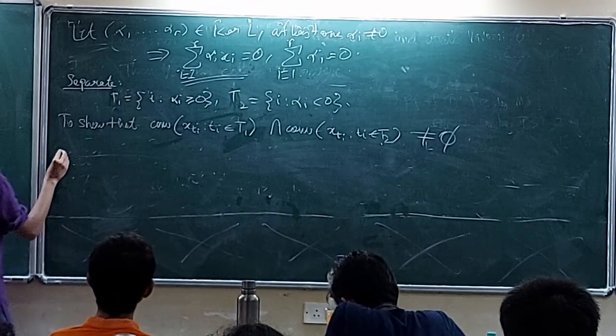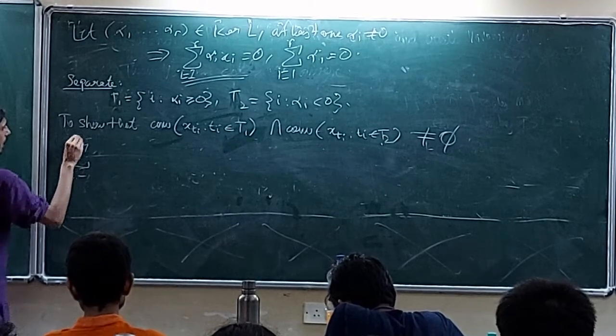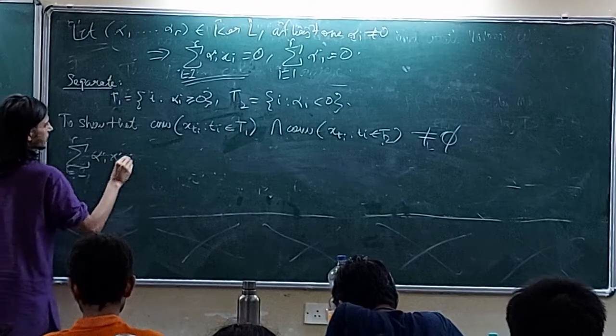So the summation i equal to 1 to r of alpha i xi equal to 0.